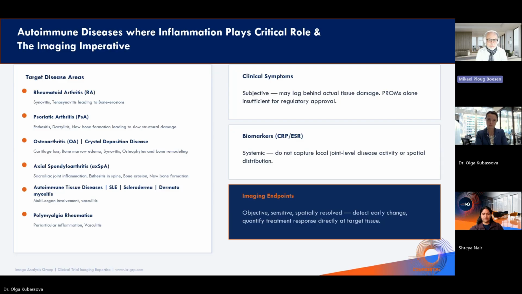They all come with different challenges and benefits when it comes to imaging, and that's why you also need to design your trials with imaging according to that specific disease and also the specific mode of action of your drugs.